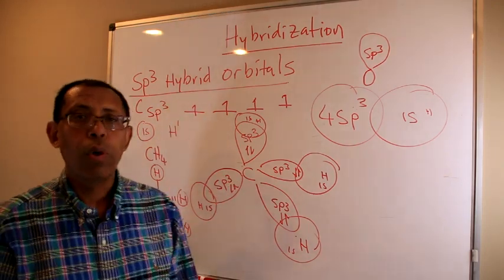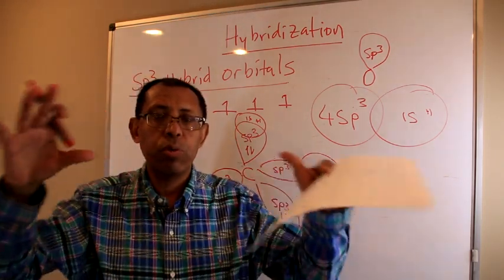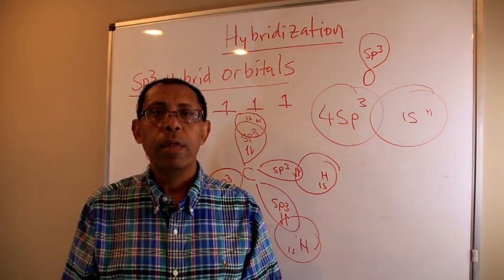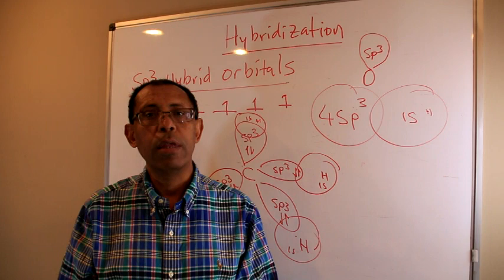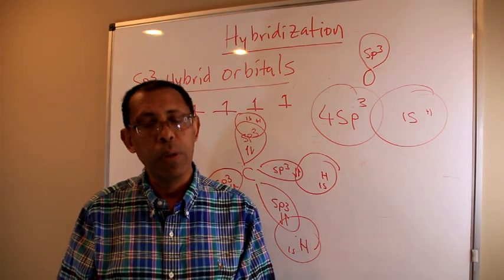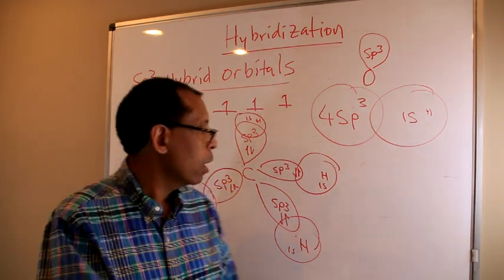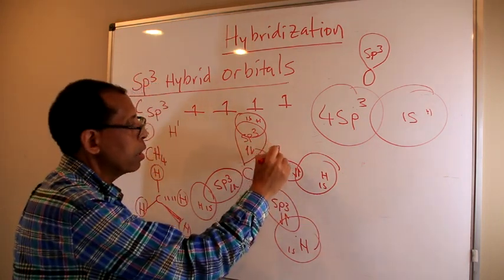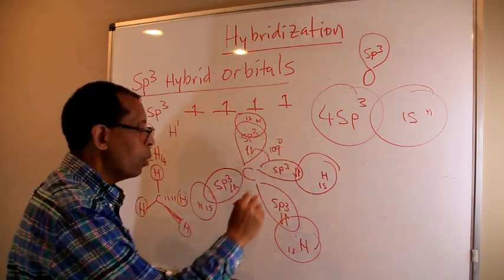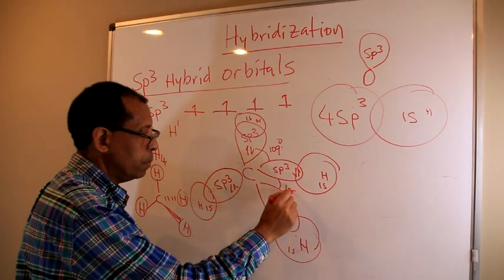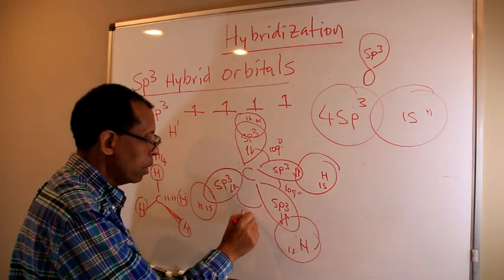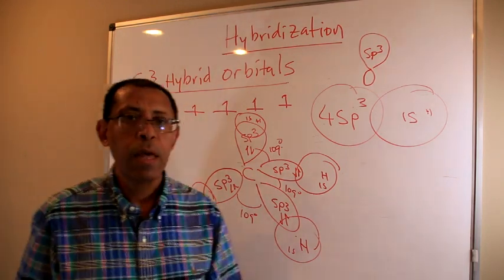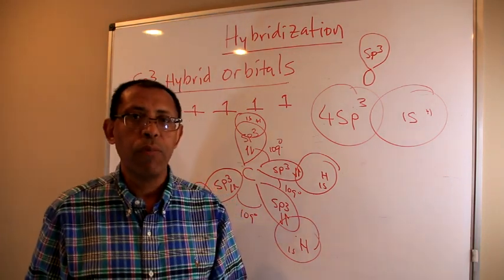And as I already told you, in order to minimize the repulsion between bond pairs, the tetrahedral geometry is the preferable one for sp3 hybrid orbitals, so the angle between them is 109 degrees. The angle is 109. So that is how hybrid orbitals make a CH4 molecule.